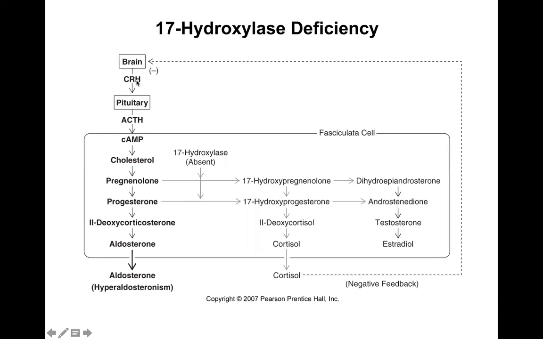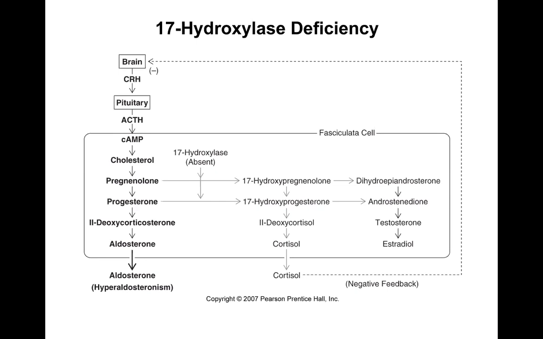So when there is a lack of this negative feedback loop, the tissue or cell senses that the level of cortisol is less. As such, it demands more aldosterone production, which causes enhanced production of aldosterone, which leads to hyperaldosteronism.